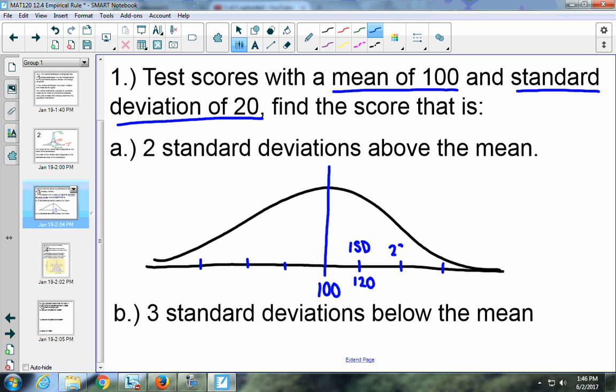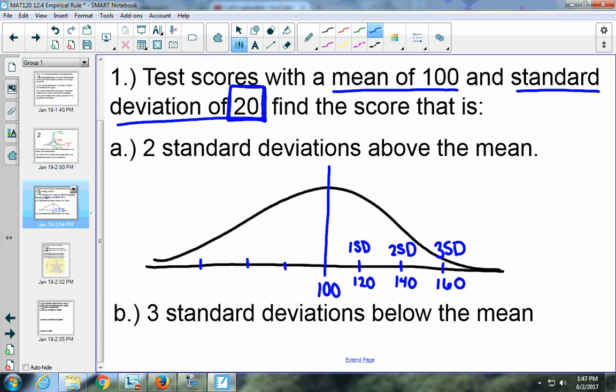For 2 standard deviations above the mean, I add 20 again, so I'll have 140. And I'm getting the 20 from the standard deviation. For 3 standard deviations above the mean, I add 20 one more time to get to 160.